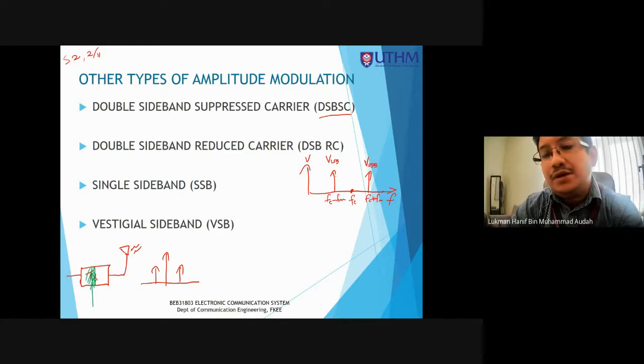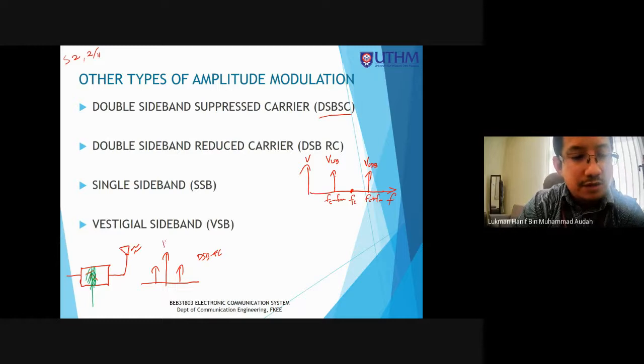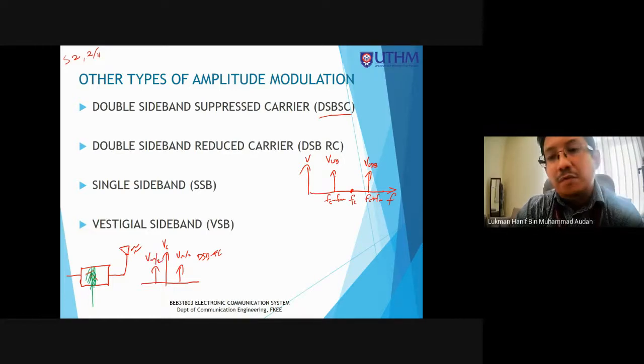Remember that VLSB and VUSB are not equal to Vm over 2. Dia tidak seperti double sideband full carrier. If you remember, this is Vc, this is Vm over 2, this is Vm over 2. But this is only true for double sideband full carrier.